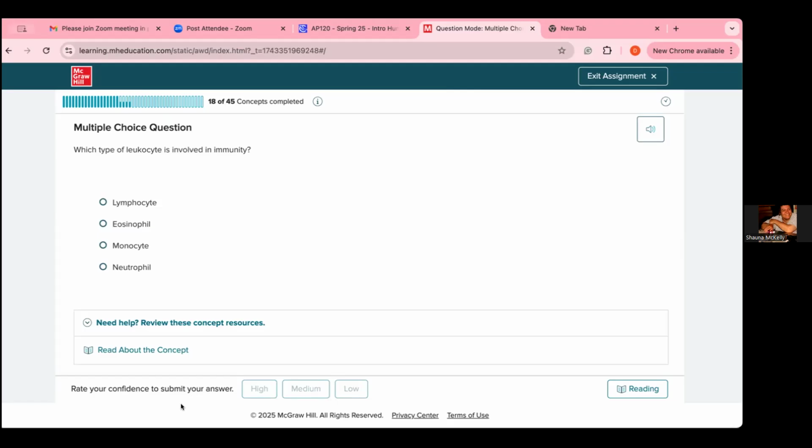Lymphocytes, eosinophil, monocyte, neutrophil. Lymphocytes play a central role in immunity. Lymphocyte, the first one.